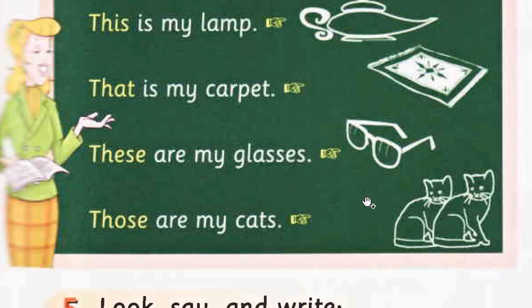So remember, these are my glasses. Now look at the last one. The last one in grammar. We have, those are my cats. So you have more than one cat. Two cats are here. So these are plural. And you can use those because those is for plural and it points to the objects or things that are a bit far.